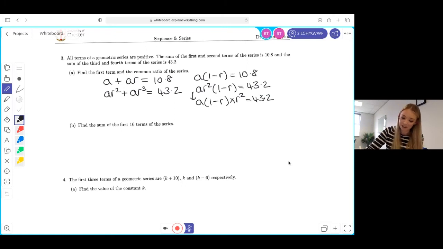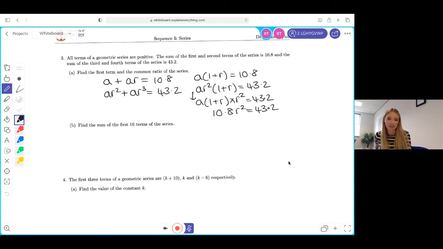Oh, it's plus R, sorry. So if I sub in what I know already from A times 1 plus R, that's 10.8. I'll have 10.8 times R squared equals 43.2.